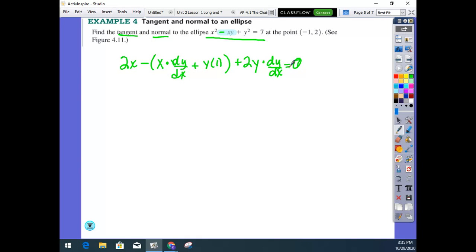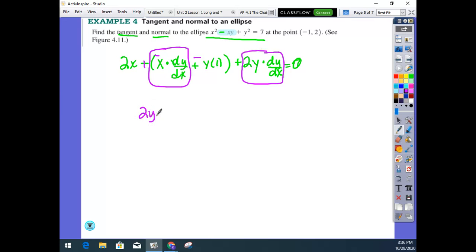All right. Now I'm going to distribute my negative through, and I want everything that has a dy/dx, so it's going to be this and this. I'm going to keep all this on one side. Now, I'm going to write this.